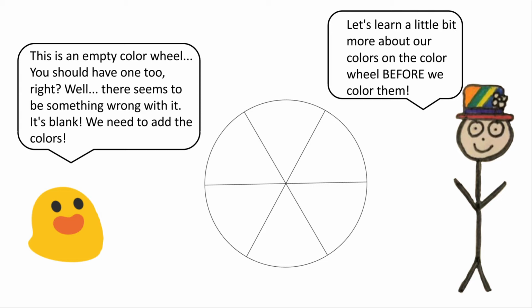I want you to grab whatever material you're using, whatever like crayons or markers or pencil colors or even paint. I need y'all to grab your red, and if you need to pause the video at any time you can. I need you to grab your red crayon or color, and I need you to color in that top slice for me.